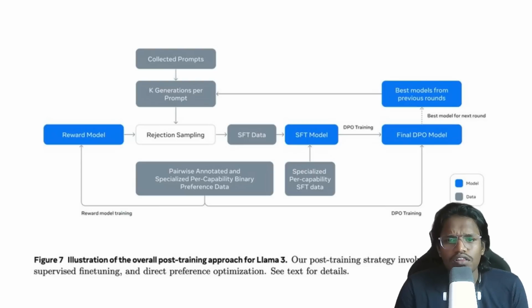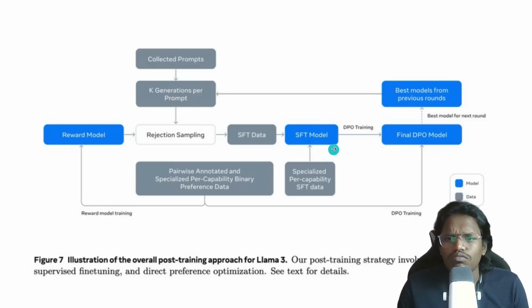This is a sample post pre-training pipeline which is followed in one of the best LLMs on the market right now, which is none other than the Llama 3 model. Given a pre-trained model, first it will be trained on supervised fine-tuning data, known as instruction tuning, where the idea is to train the model to follow the instructions given by the user.